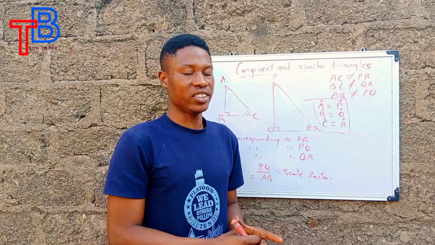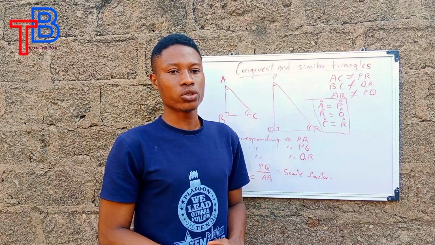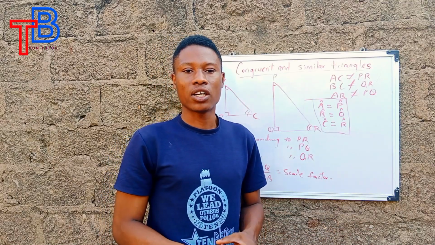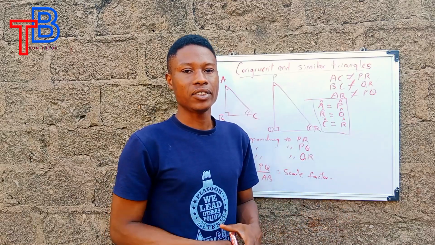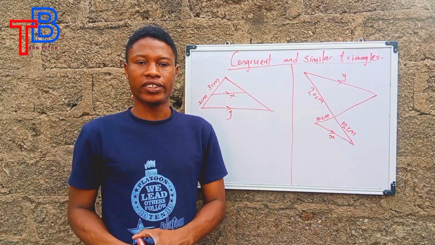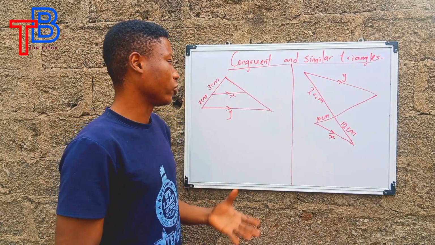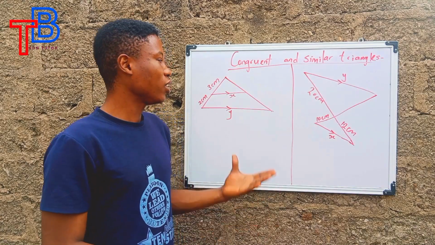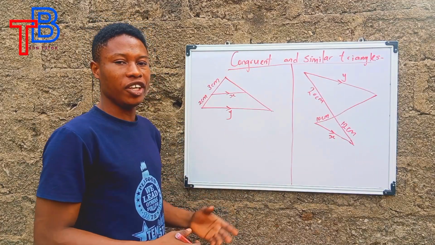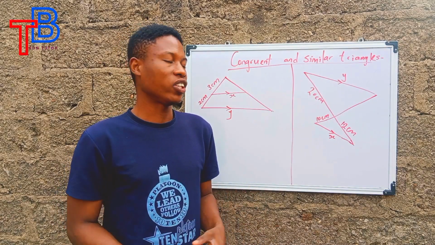Let me give us some examples on the congruent triangles and also on similar triangles for us to be able to identify the difference. Now let's check these examples. These are two different shapes that consist of triangles. So let's check this first one and see if it's a congruent triangle or a similar triangle.